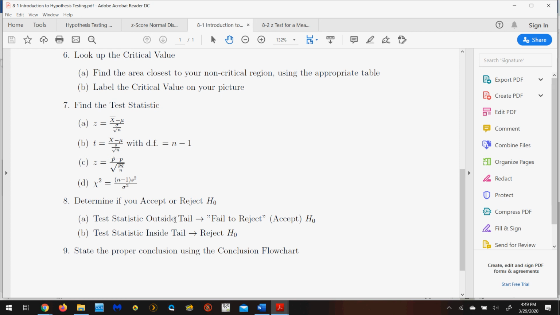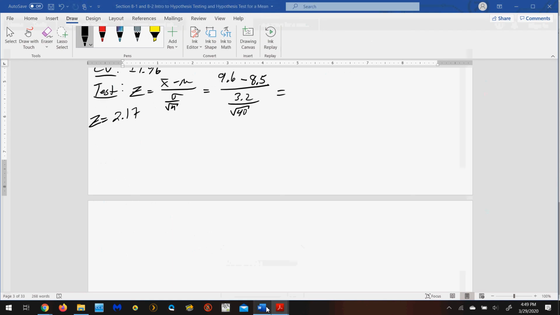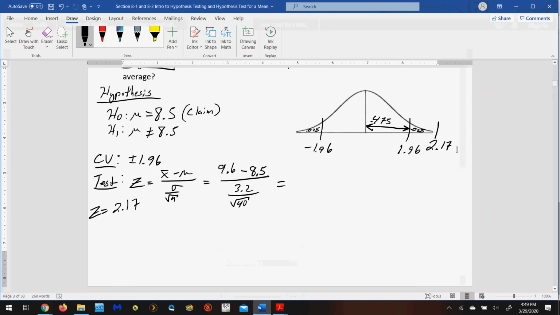If the test is outside, you're going to essentially accept the null hypotheses. If the test is inside, you're going to reject the null hypotheses. So let's look back at the picture. We have the test statistic, and it happens to be inside of the tail. So since the test is inside of the tail, you're going to reject the null hypotheses.